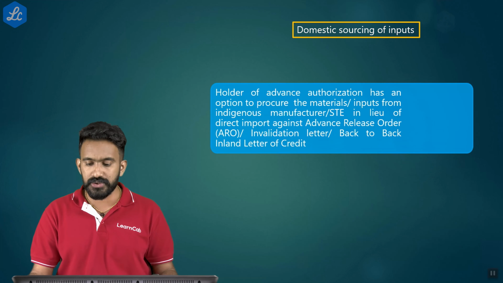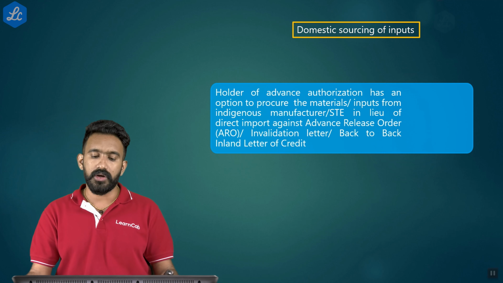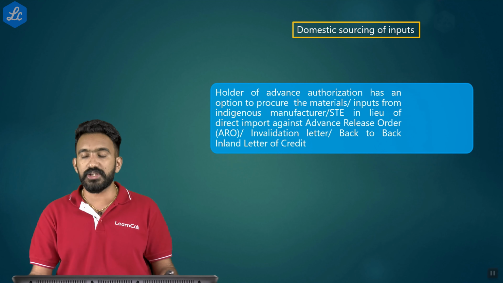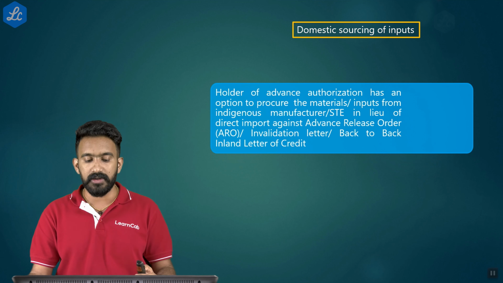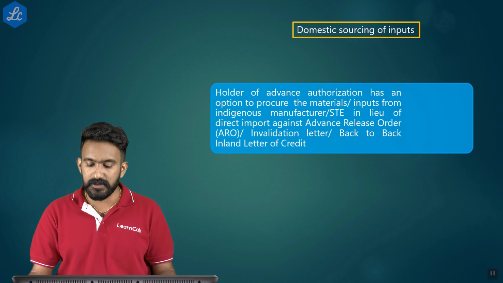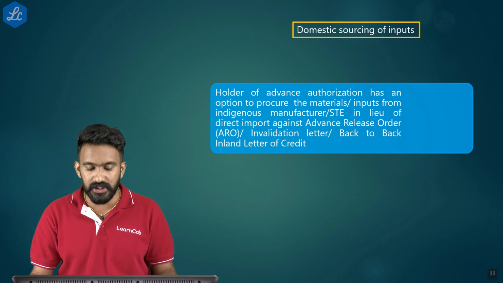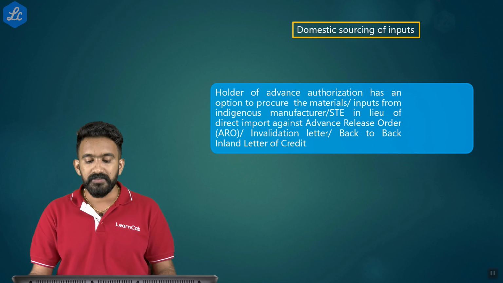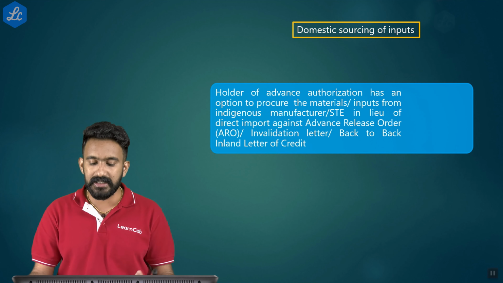Can I source the inputs domestically? The holder of advance authorization has an obligation to procure materials or inputs from an indigenous manufacturer or STEs in lieu of direct import, against advance release order, invalidation letter, or back-to-back inland letter of credit.